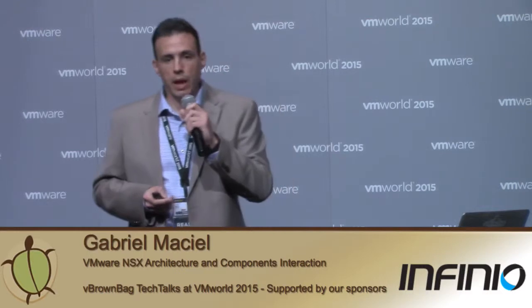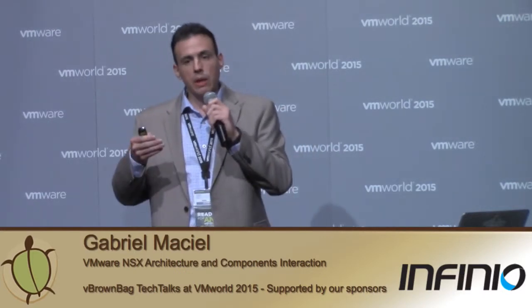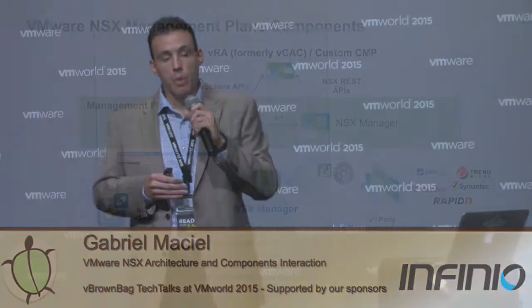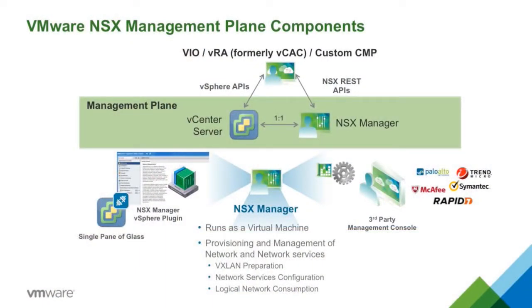So the management plane also provides the northbound API that we can use to start automating some of the operations. So the consumption can be done through the vSphere web client plugin that is going to be installed once we register the NSX Manager, or directly pointing to the NSX Manager API.